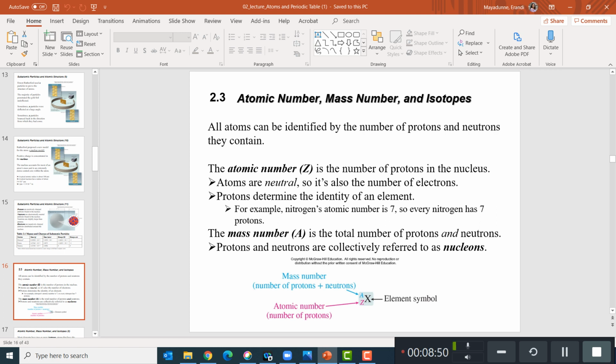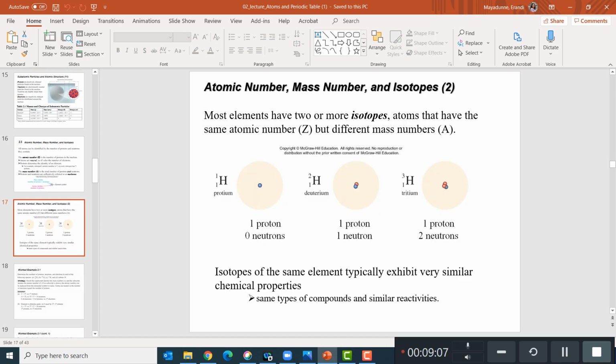There are several ways we can represent an atom. This is one way you can represent an atom. X is the element symbol. Z is the atomic number, the number of protons. A is the mass number, protons plus neutrons. So if I show you the same thing, this is hydrogen, atomic number, number of protons 1, mass number 1.